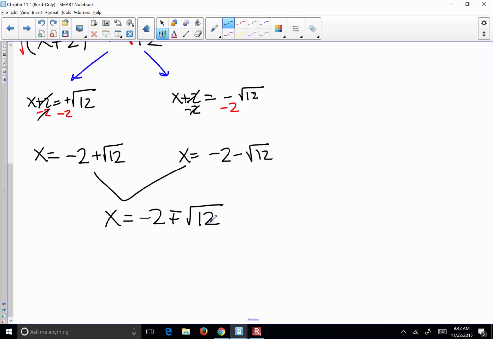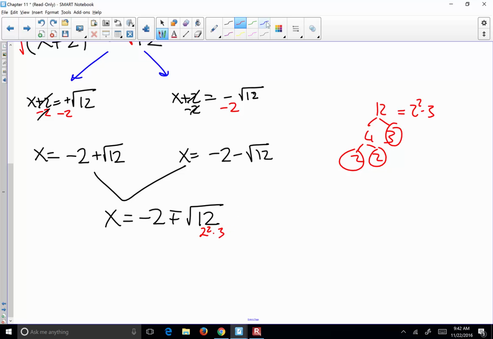What did I miss? Break down 12 into 3 and 2. See if there are any jailbreakers here in 12. Are there any? 12 is 4 times 3. 4 is 2 times 2. So it's double 2 and a 3.